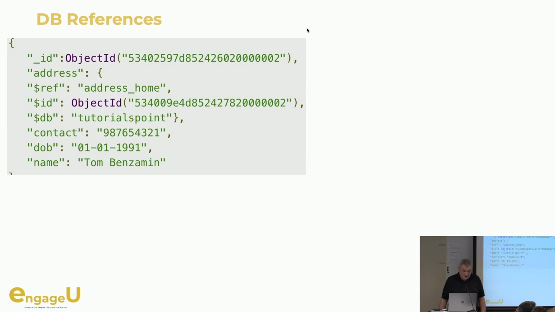So here is a person object. It's in alphabetical order. No, it isn't. Yes, it is, I think. Yeah, because of the dollar sign. But you'll see the name is at the bottom there for Tom Benjamin. And you'll see that the address is a sub-object, and it has three elements to it: a ref, which is the name of the object, an ID, which is an object ID, and a database that that object comes from.